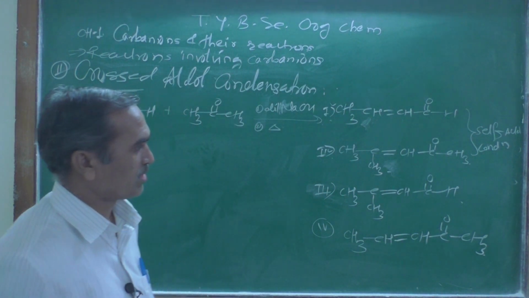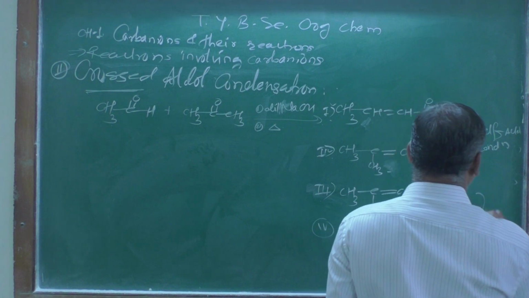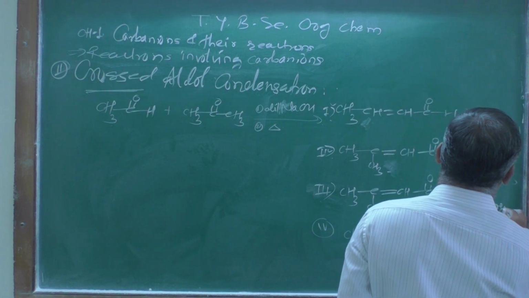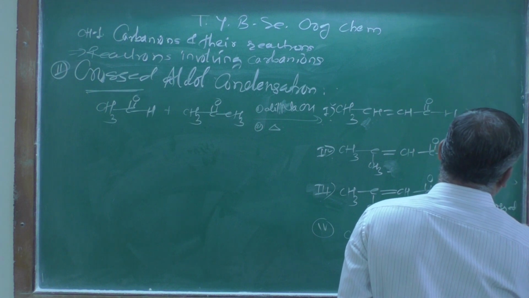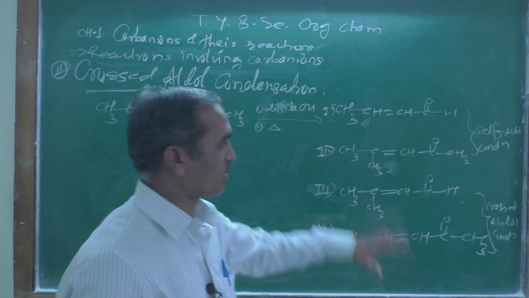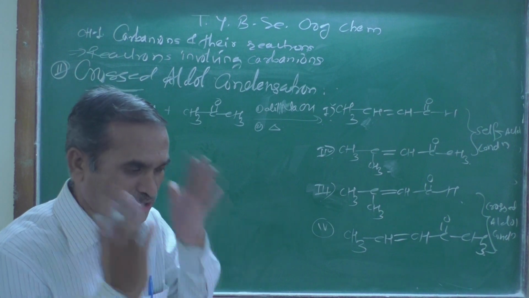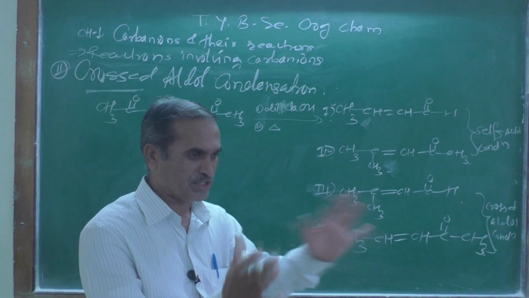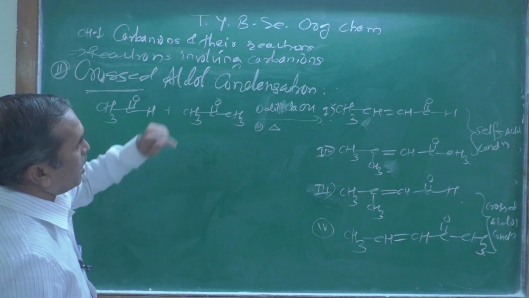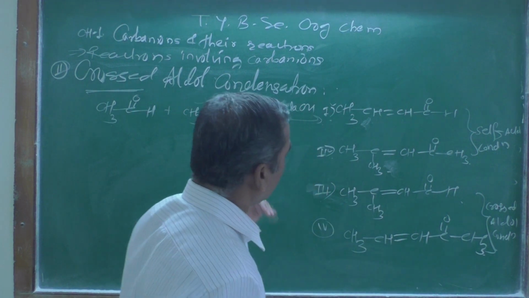These are the different compounds, and these third and fourth are called crossed aldol condensation. So there are four products we are getting, meaning a mixture of products. There is a lot of problem in separating such molecules, and therefore the cross aldol condensation reaction has some limitations.